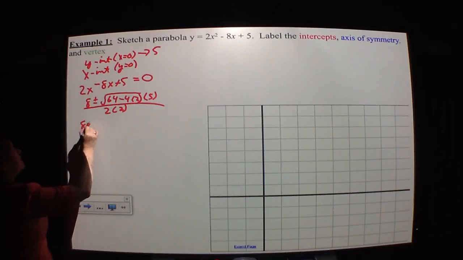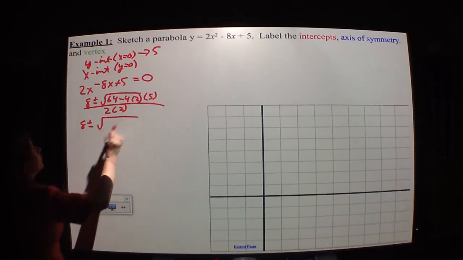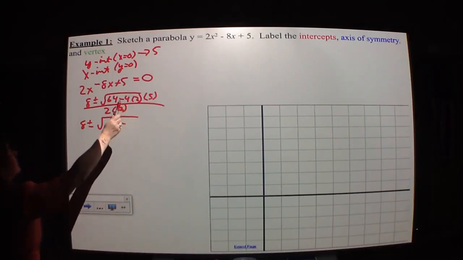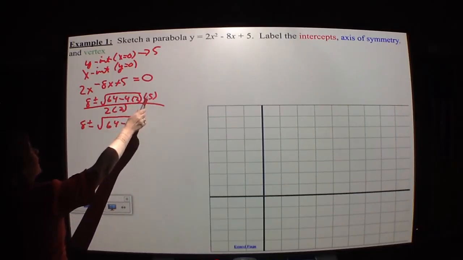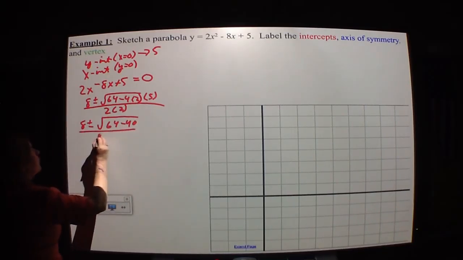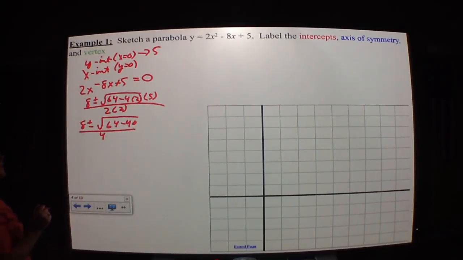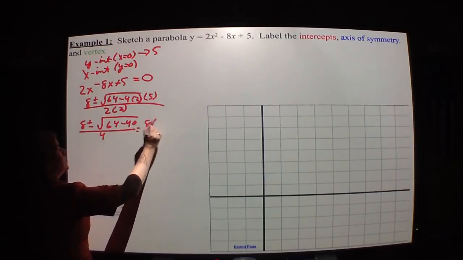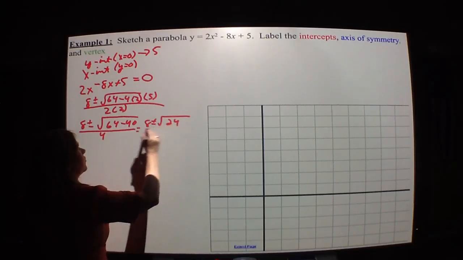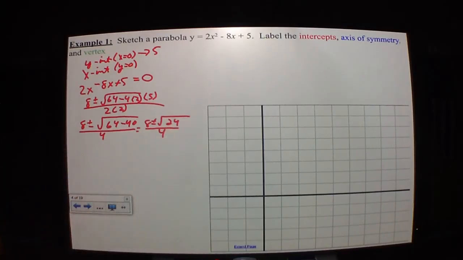So I have 8 plus or minus the square root of 64 minus, this is 4 times 2 times 5. 5 times 2 is 10, times 4 is 40, over 4. I have 8 plus or minus the square root of 64 minus 40, which is 24, over 4.